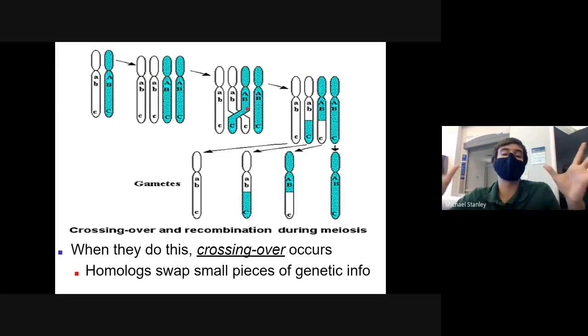Sometimes the DNA accidentally switches, and you end up with some of the DNA on one chromosome on a slightly different one. Because they're the same chromosomes, they just have slightly different alleles or genes in them. Sometimes the DNA gets crossed and they swap pieces. That only happens in meiosis. Mitosis doesn't have this happen.